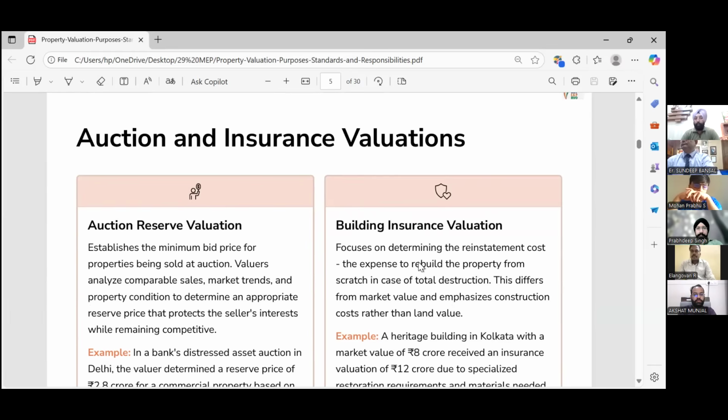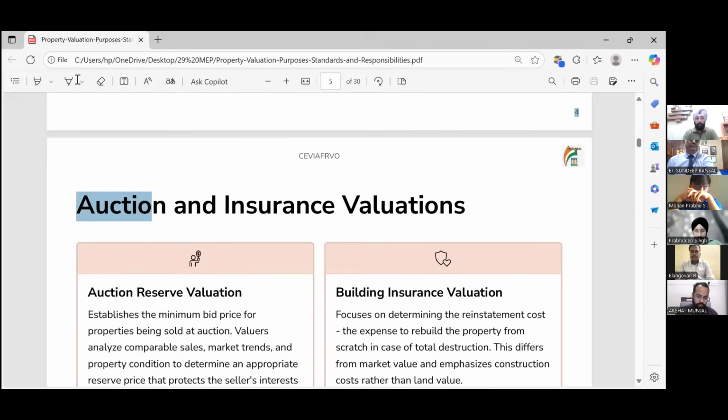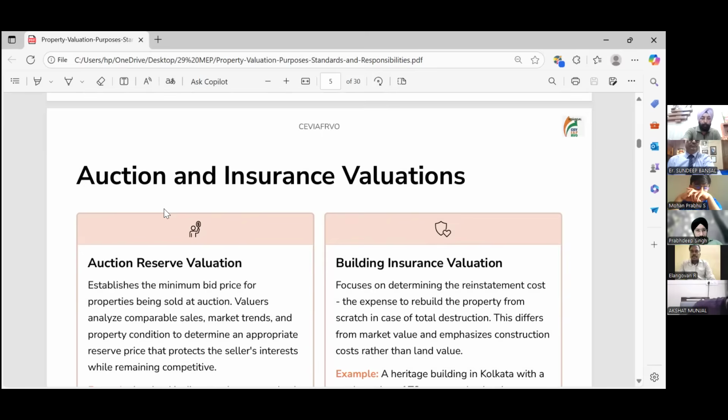Here the purpose is to establish the minimum bid price for the properties being sold at the auction. That is an important thing you must learn, that whenever you are doing valuation for auction, what is the purpose here? Purpose here is to establish the reserve bid price for the properties which are to be auctioned.